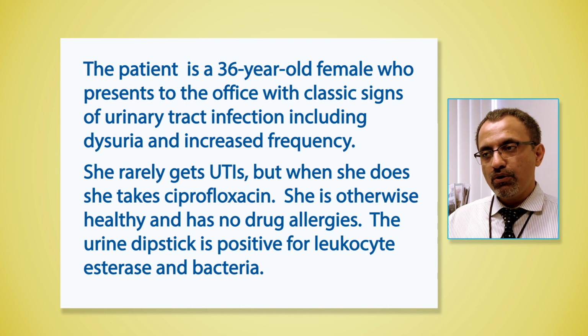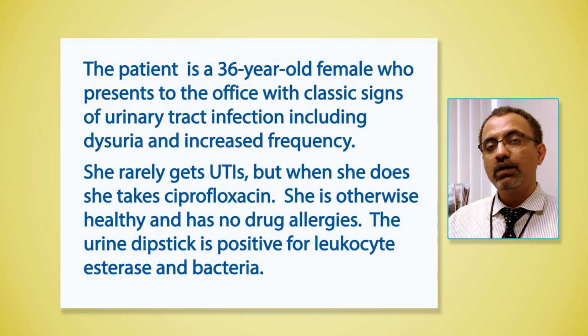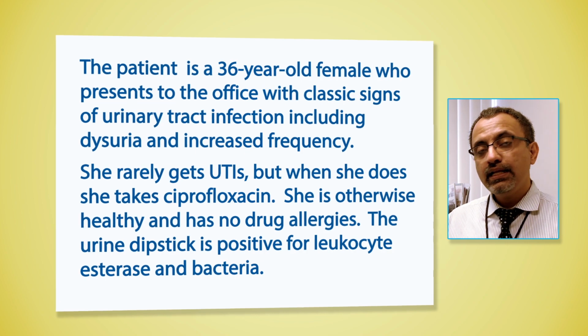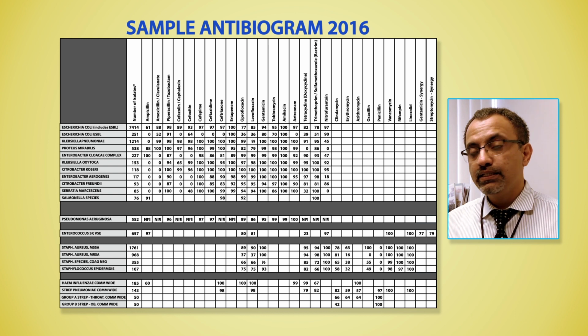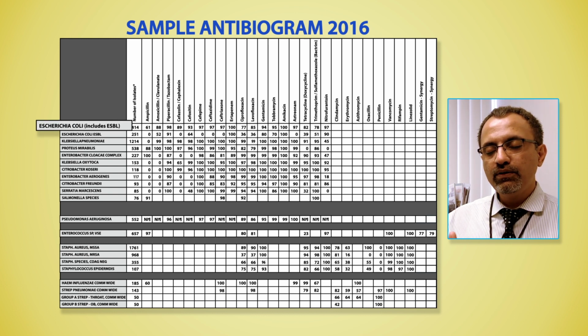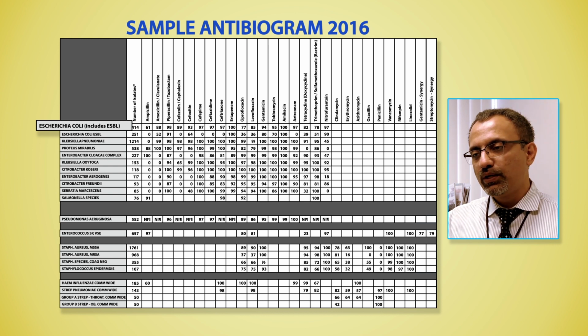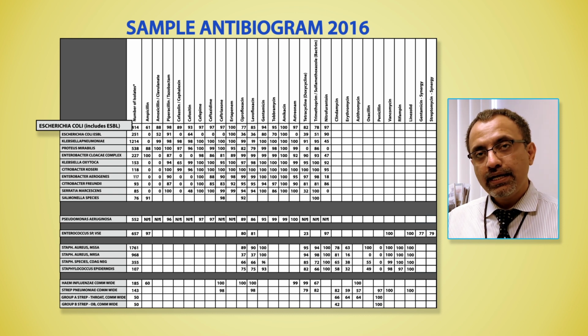First, for any of the infections you're considering, you should think about what organism would be the most likely. And in this case, the most likely organism causing UTIs is E. coli. And for E. coli, you need to see what susceptibility data is available, which antibiotics you're going to use, and how it's going to impact your treatment.